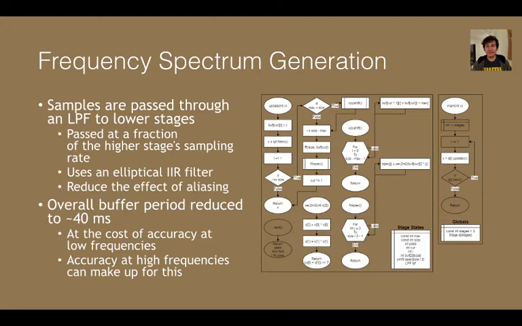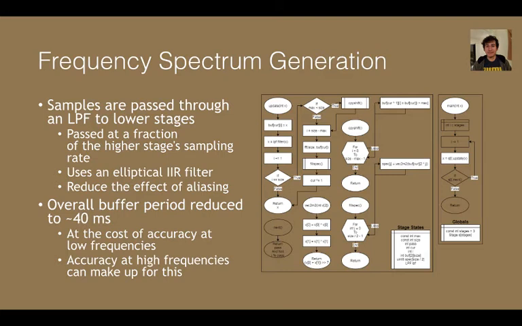So currently we use an elliptical infinite impulse response filter. What this does is it reduces the effects of aliasing because of downsampling, because that is essentially what we're doing when we pass these samples at a lower rate to the lower stages.